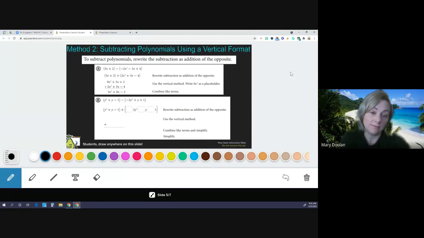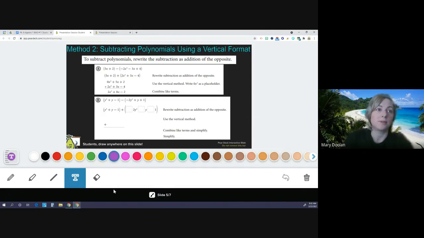Again, our first step is going to be to rewrite the subtraction problem as an addition of the opposite. Here we have 5x plus 2 minus negative 2x squared minus 3x plus 4. So the first step here is to rewrite subtraction as addition of the opposite.